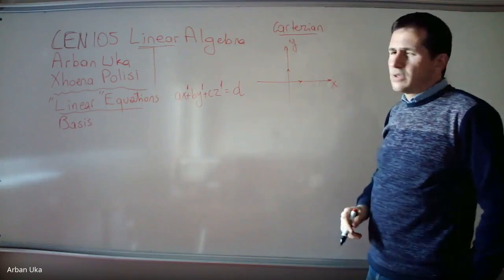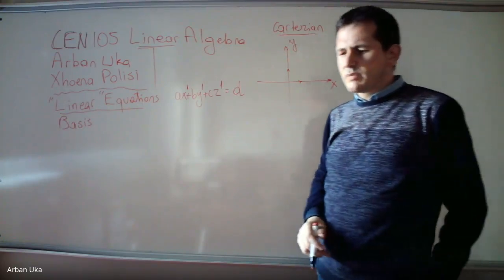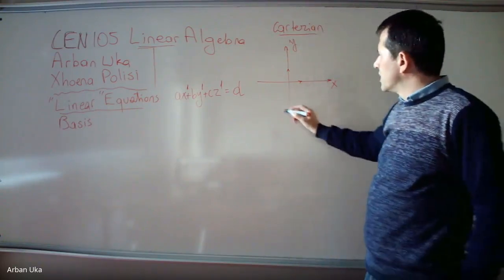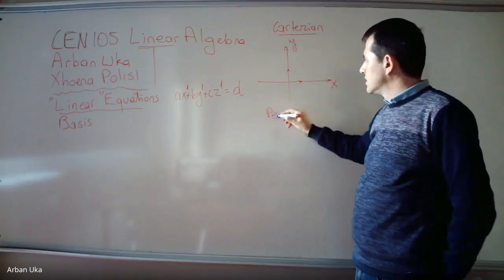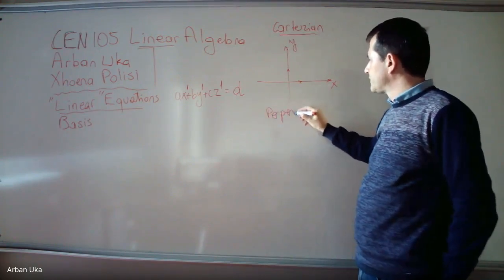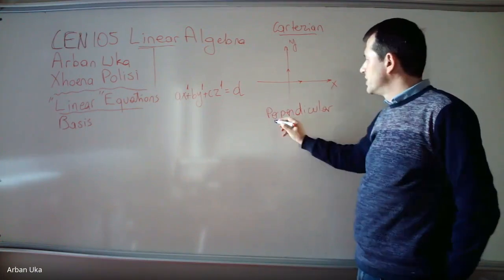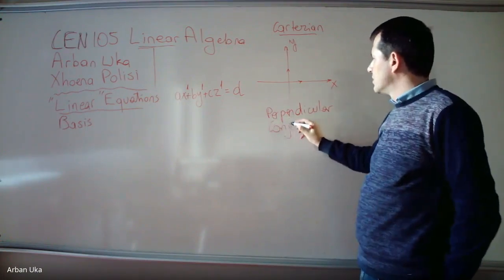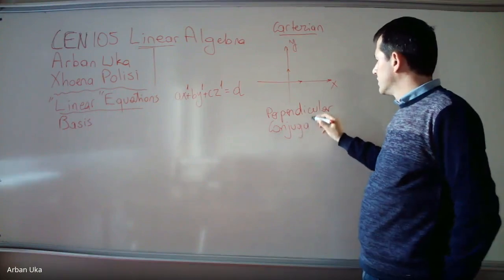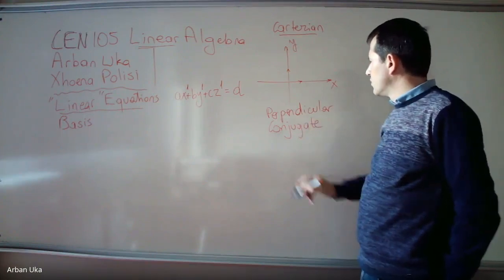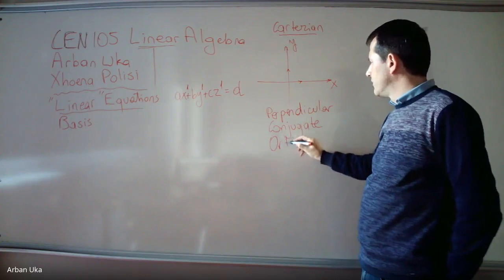And the basis, or the specific coordinates, we can define as perpendicular. So x and y are perpendicular. They are called orthogonal.